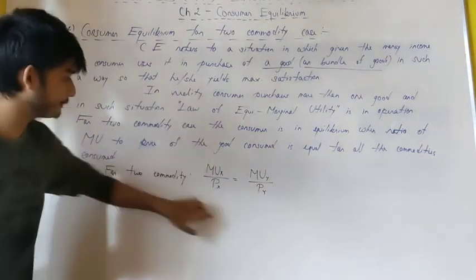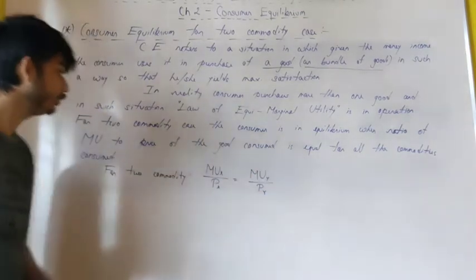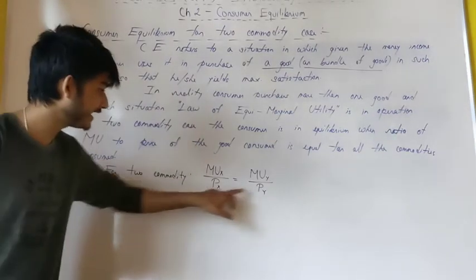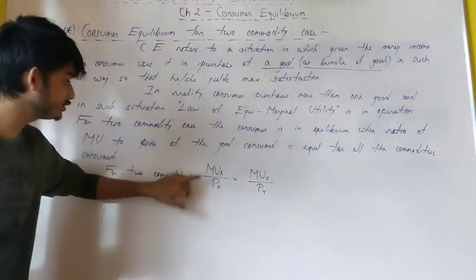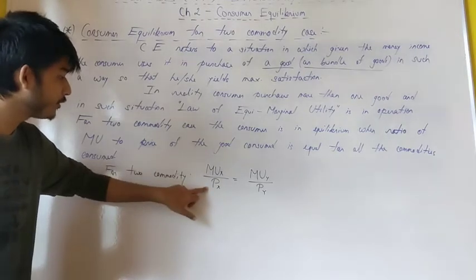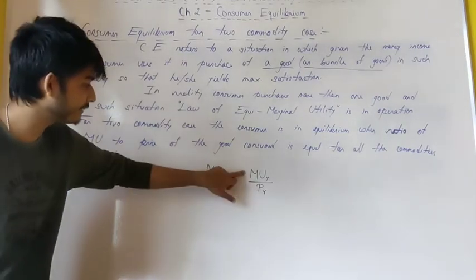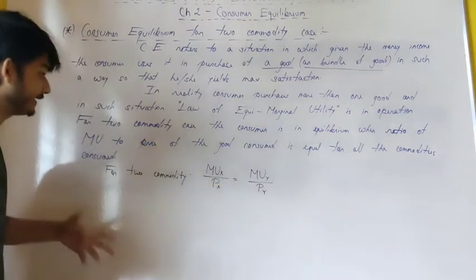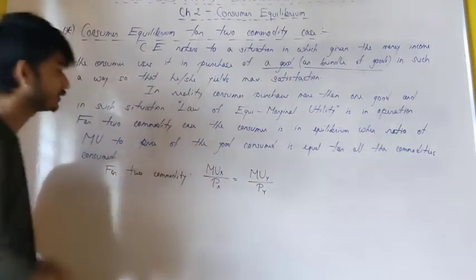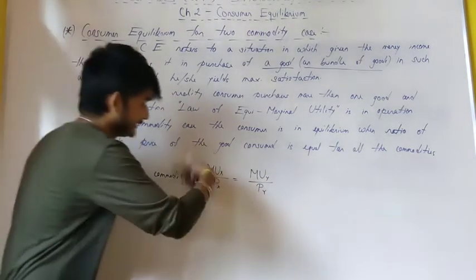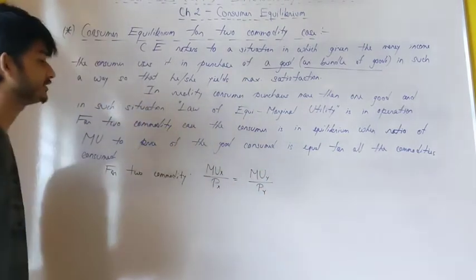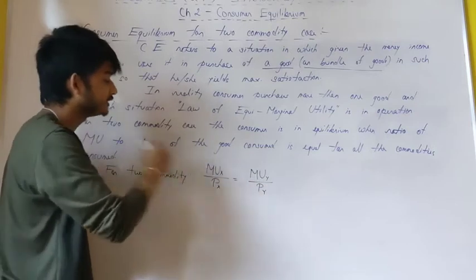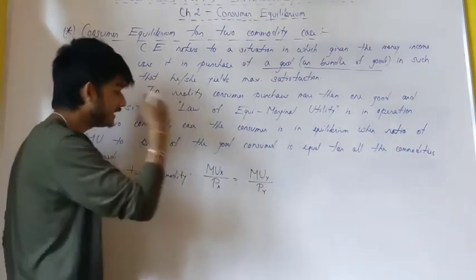Thus this situation depicts equilibrium for the two commodity case where the consumer is consuming two goods X and Y. This is the ratio of marginal utility to the price of good X, and this is the ratio of marginal utility to the price of good Y, and whenever these two are equal the consumer is in equilibrium. This is basically known as the equimarginal utility, where the ratios of marginal utilities to the price of that particular good are equal.